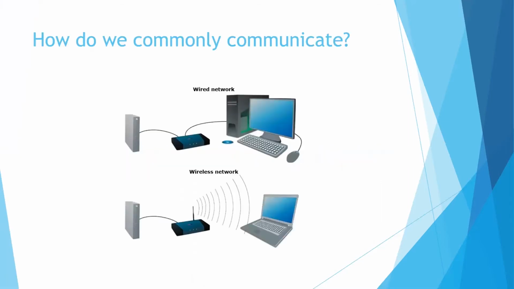So just some of the background. How do we commonly communicate in this digital world? One way to categorize it is in terms of wired and wireless. In a wired network, we have connections like coaxial cables or fiber optics, which carry the information from one point to another.